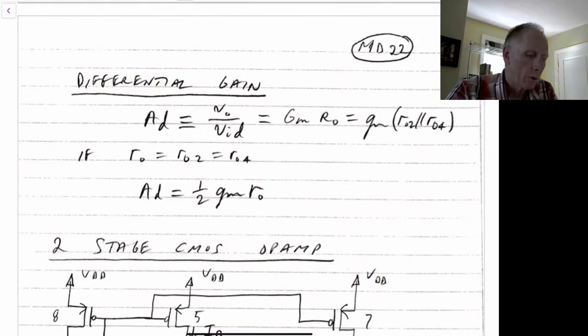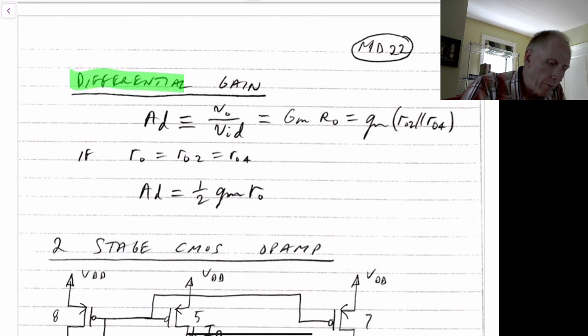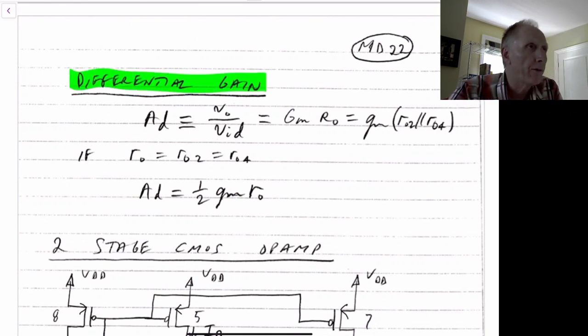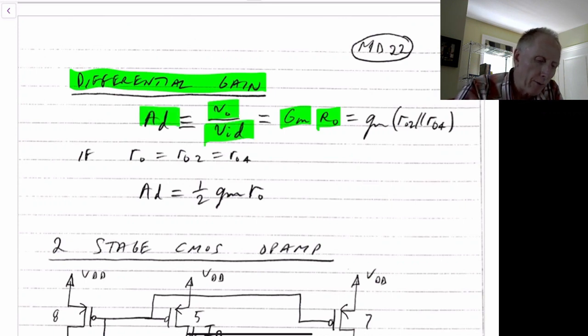So the differential gain for the amplifier that we saw above is just going to be GM times R naught. We have the differential gain defined to be V out over VID. GM we found was equal to small gm, and R naught was given by RO2 in parallel with RO4.